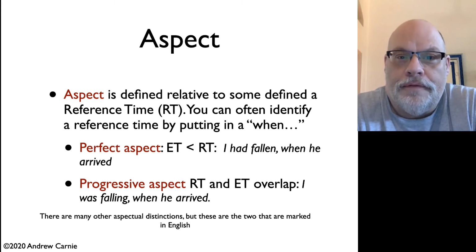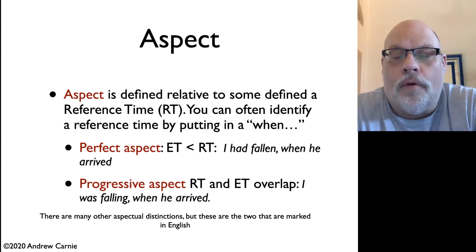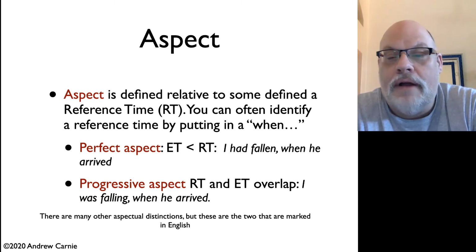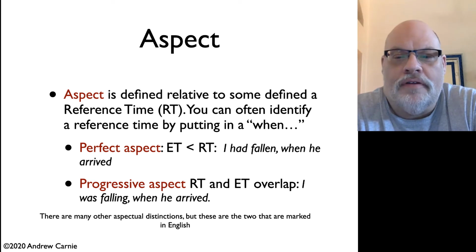One is the perfect aspect, and the perfect aspect indicates that the event time happened before the reference time. This implies that the event is completed relative to the reference time. So for example, I had fallen when he arrived. In that situation, the falling had been completed, then he arrived.